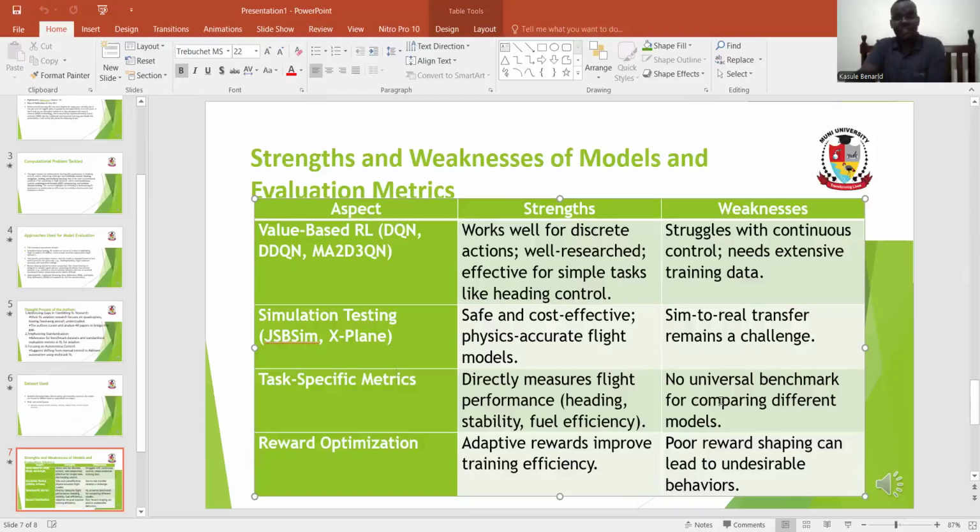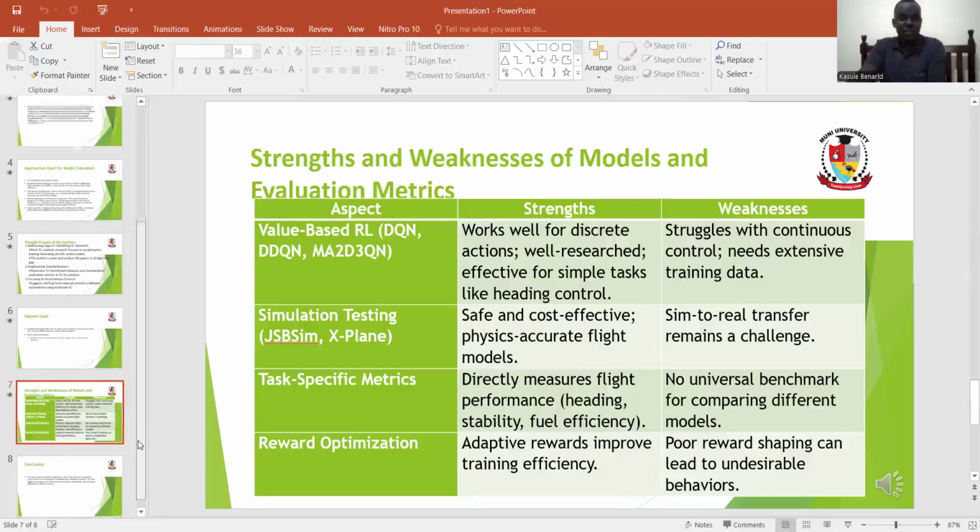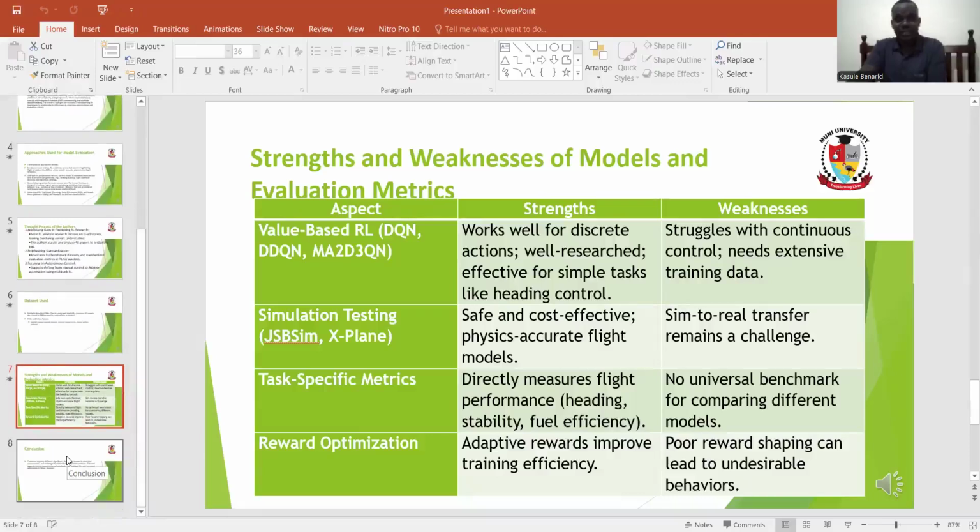However, it might also have some drawbacks in that there is no universal benchmark for comparing these different models. And then the reward optimization, it is adaptive rewards which improve training or make training more efficient. At the end of it all, this one develops some weakness in that there is always poor reward shaping, which can lead to undesirable behaviors. So briefly, these were the strengths and weaknesses of the evaluation methods or metrics that were employed.